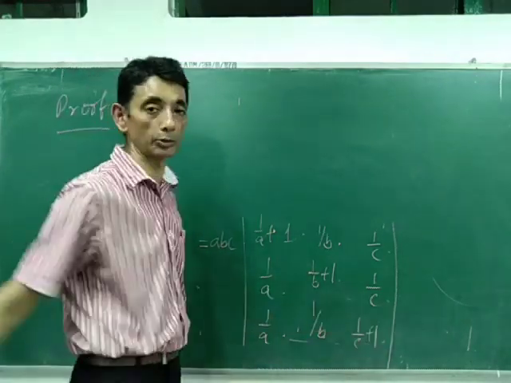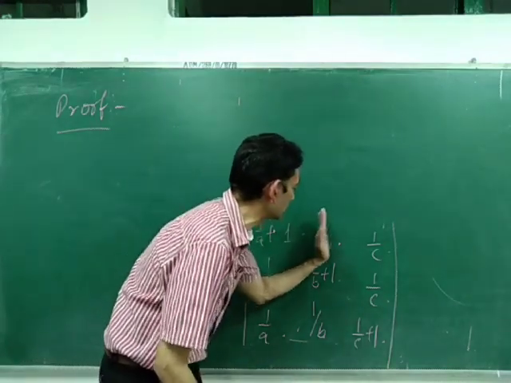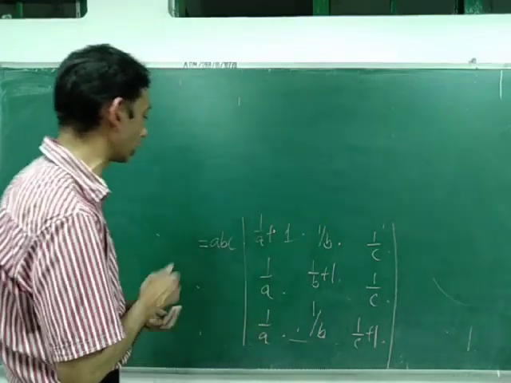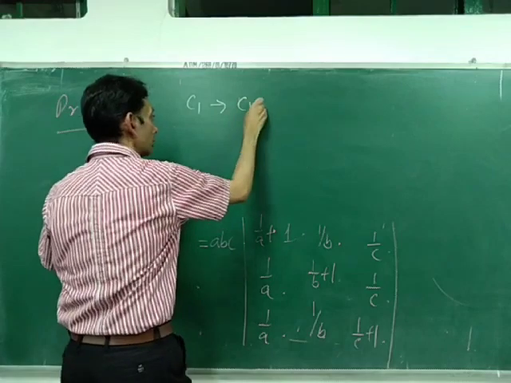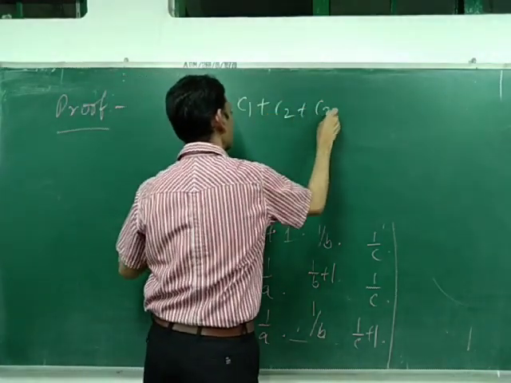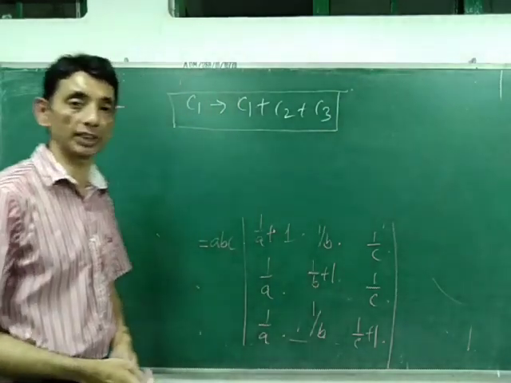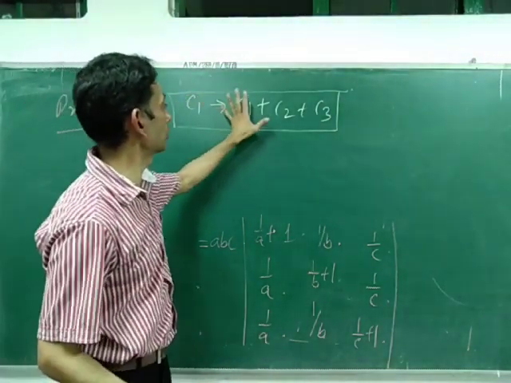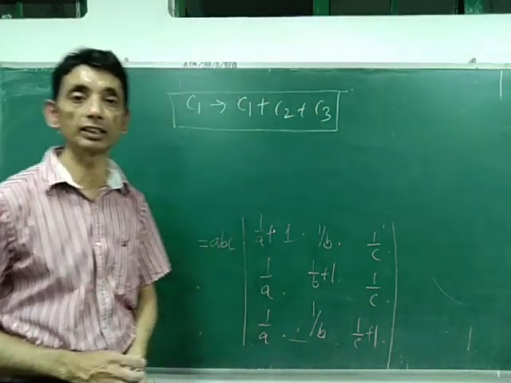Let us try column wise. In column 1, we add column 1 plus column 2 plus column 3. How can you do that? We have discussed the property today, the last property: if a column is changed in the form of C1 to C1 plus C2 plus C3, then there won't be any change in the determinant.